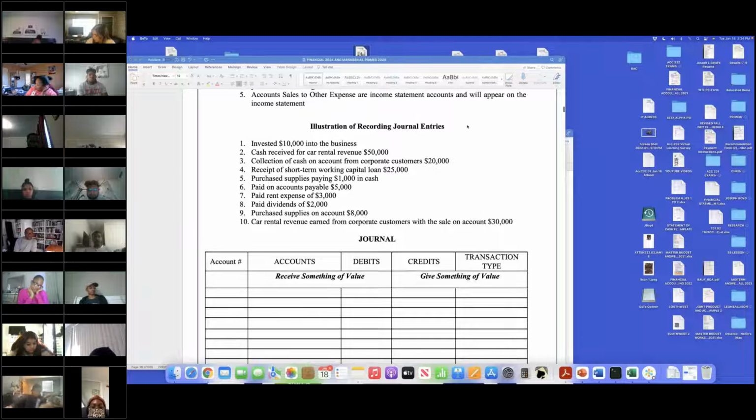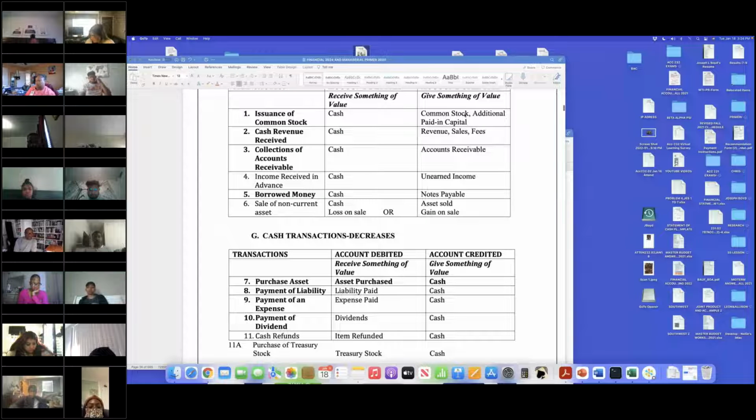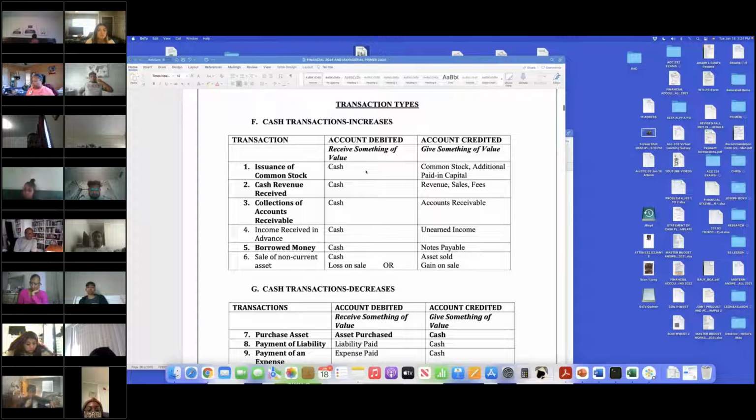So what we're going to do is go up here and look at transaction type. When we start the business, we're issuing common stock to start this business. So we have a type 1 transaction. Type 1 says we debit cash and we credit common stock, okay?